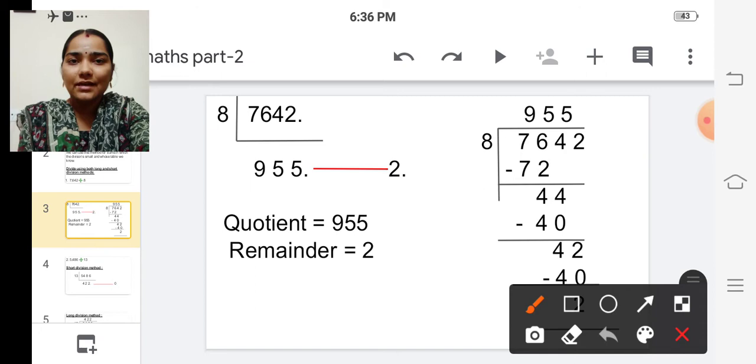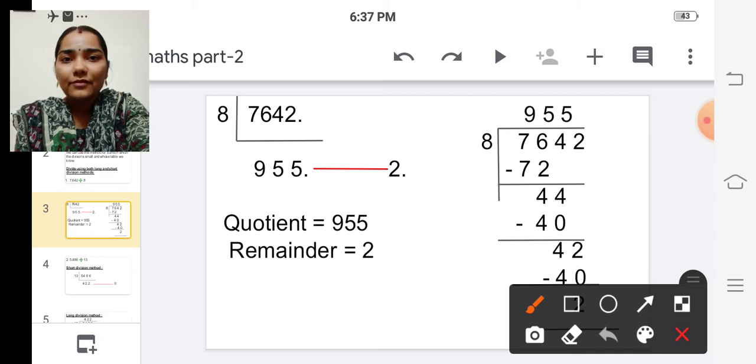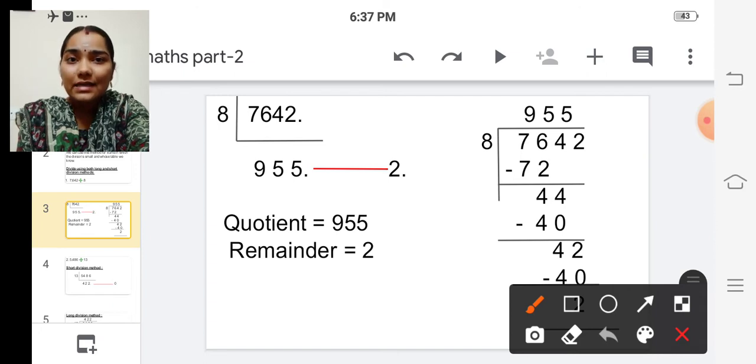Is it clear, children? I will tell you one more time. This is the format for the short division method. It's like an L shape, and we write the dividend inside the L shape and the divisor in the left corner outside the L shape. Is it clear?